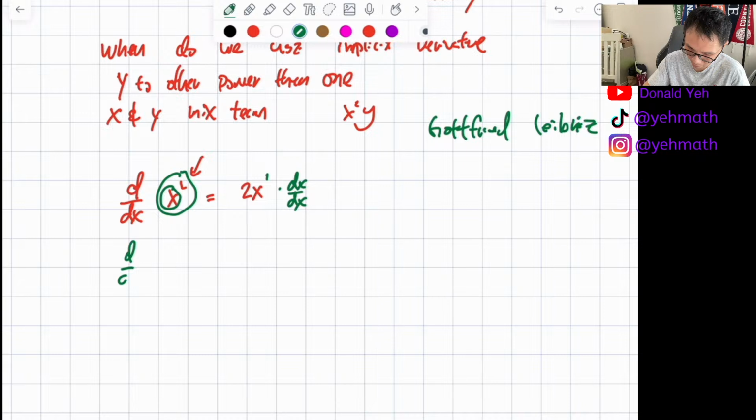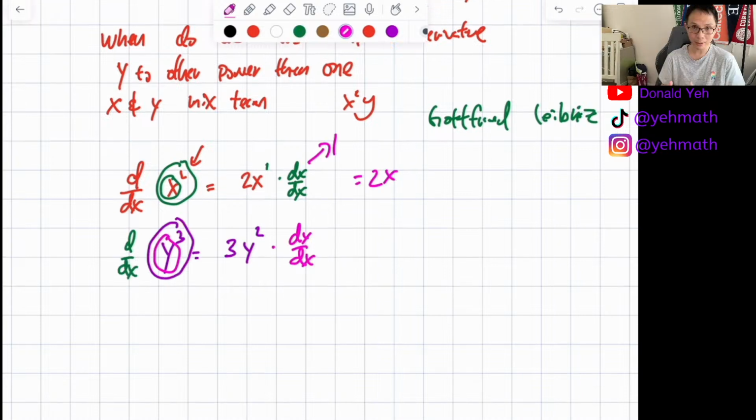And then there are 2 layers. The second layer is going to be y. So you're going to multiply by dy/dx rather than dx over dx. Because that is 1, that's why we never show it. We always show 2x. Now, anytime you take a derivative of y, then you have a chain rule. And the chain rule is going to be dy/dx. For example, if you want to take d/dx of y, that's going to be dy/dx. Same thing with y to the third power.